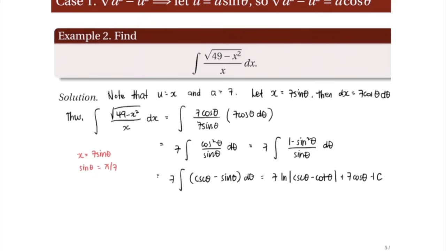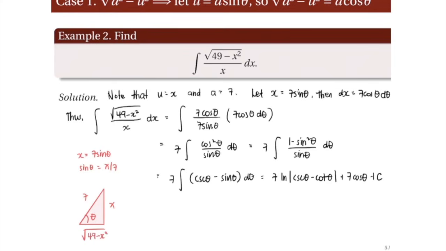So kung i-construct natin yung right triangle, say you have here the following, tapos, kunwari ito si theta, then yung opposite natin is x. The hypotenuse here is 7. Tapos, yung adjacent side ni theta would be yung square root ng 7 squared is 49 minus x squared using the Pythagorean theorem.